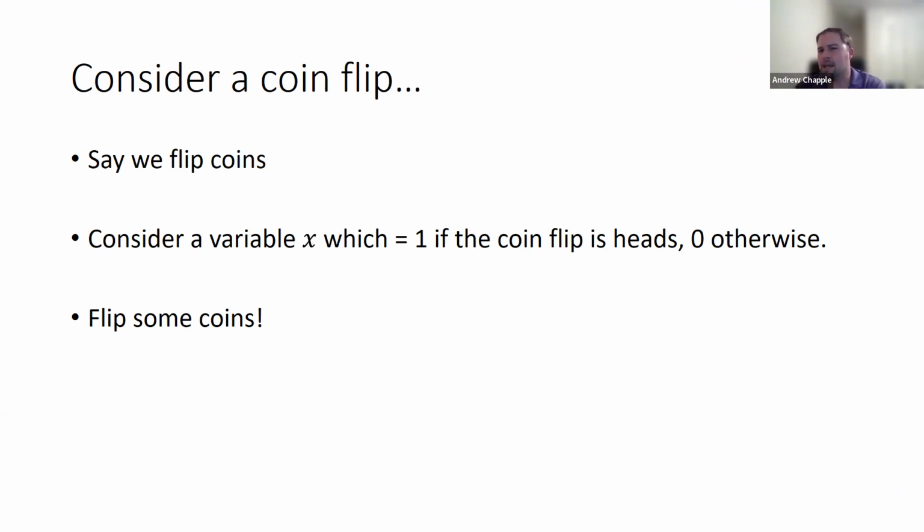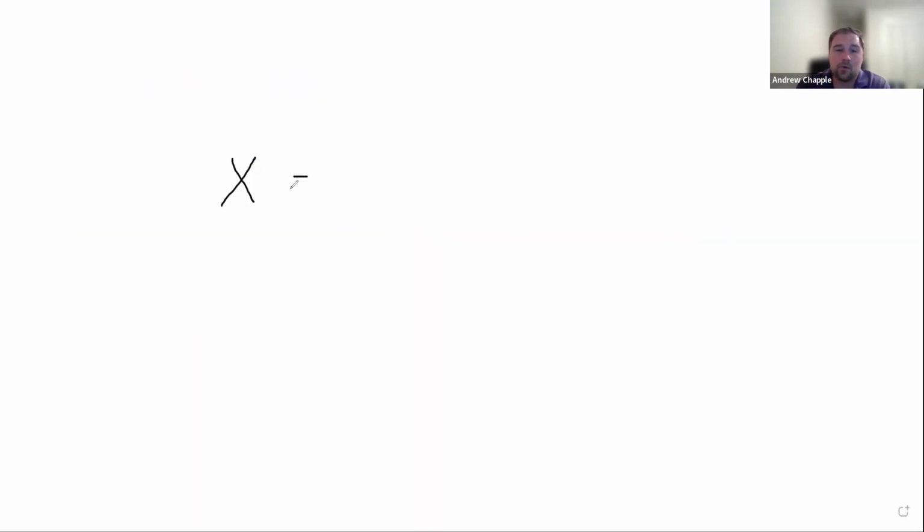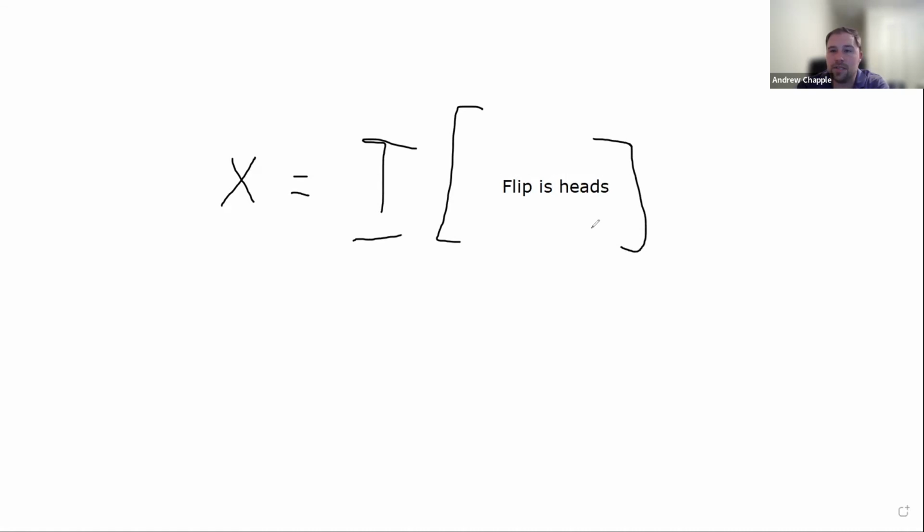So it's kind of like an indicator function. It's a 1 if there's a heads and a 0 otherwise. Formally, we'll write that out: X equals the indicator that the coin flip is heads. So 1 if the flip is heads, 0 otherwise.